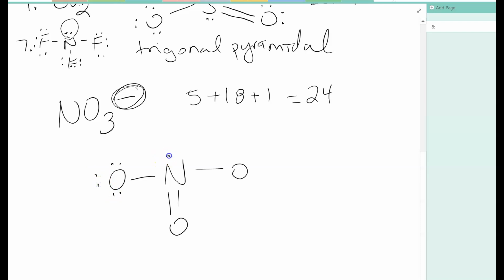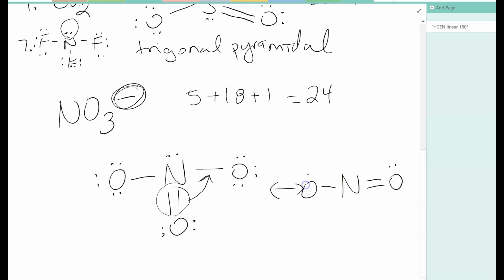So these kinds of structures don't follow the regular octets, in that some of them do expanded octets. Oxygen doesn't do expanded normally, but things like sulfur and phosphorus and even nitrogen sometimes. What happens though is this double bond here can actually move to be here. So when that happens, you draw the same structure, very similar, except that you have moved the double bond.